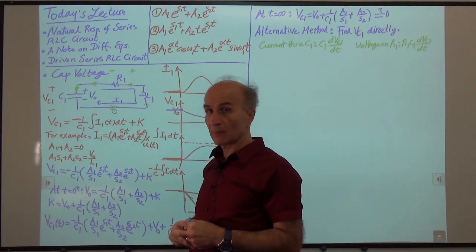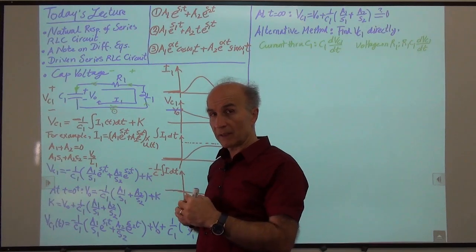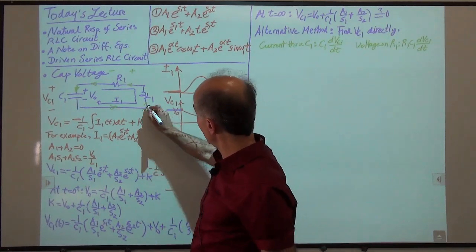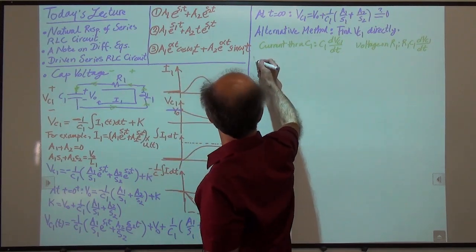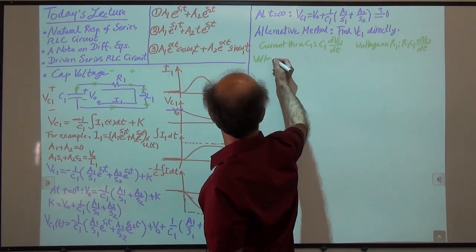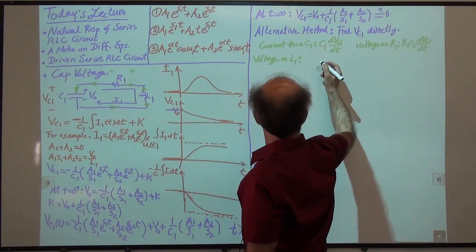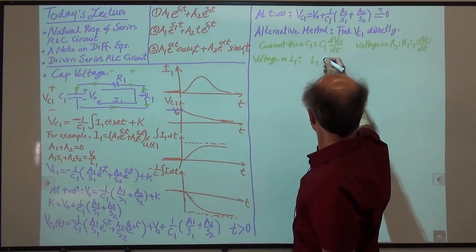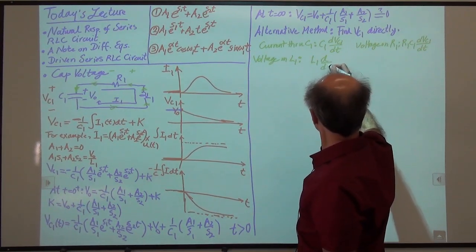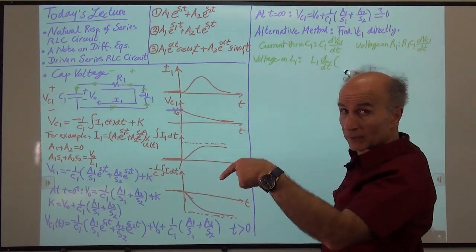All right? Okay. Now we go to the inductor. How about the voltage across the inductor? All right, the inductor carries a current like this. So I say voltage on L1. So we know that the voltage across an inductor is just L1 di over dt, right? So the current through the inductor is the same as through the capacitor.